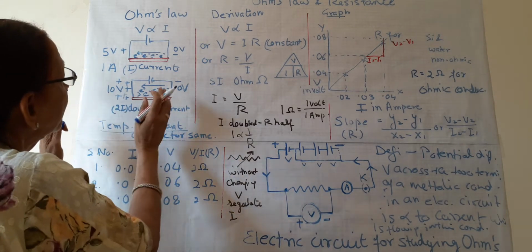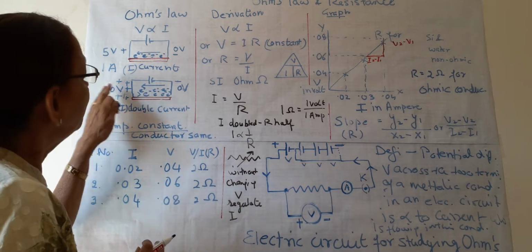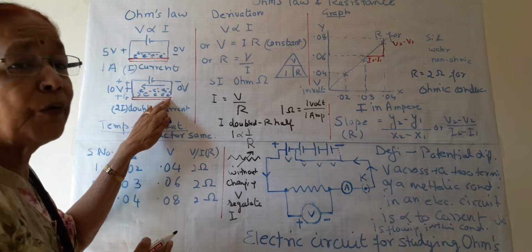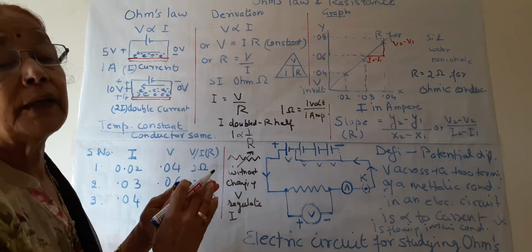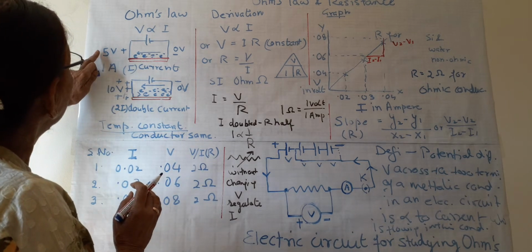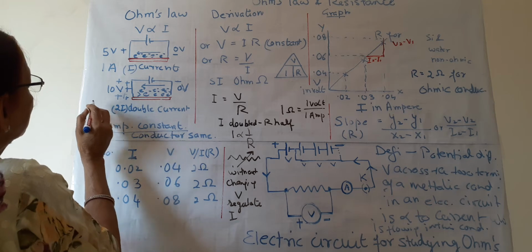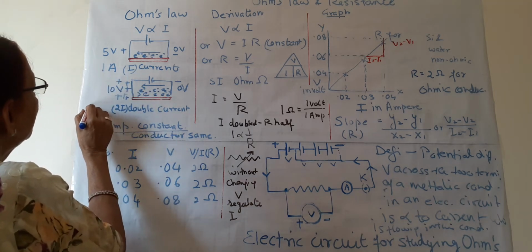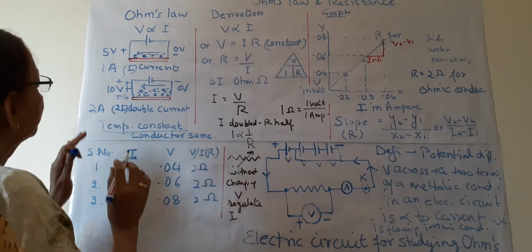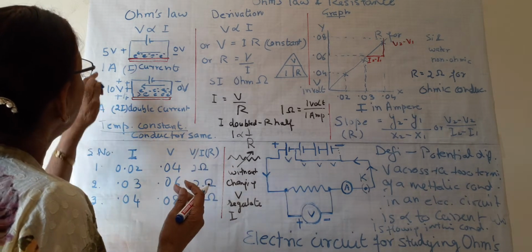So more electrons start flowing towards this end, and the current is also increased. If it is doubled from 5 to 10, the current is also doubled from 1 ampere to 2 ampere. These are arbitrary values just for understanding.